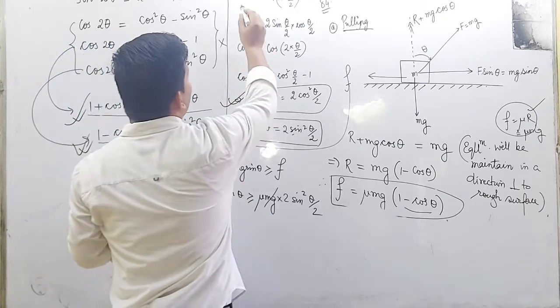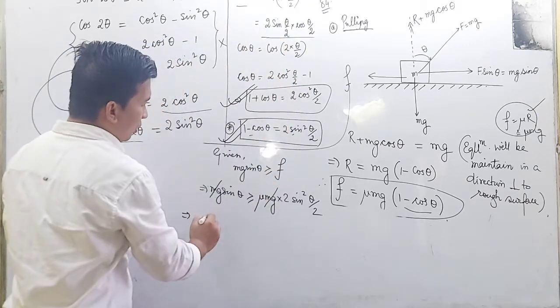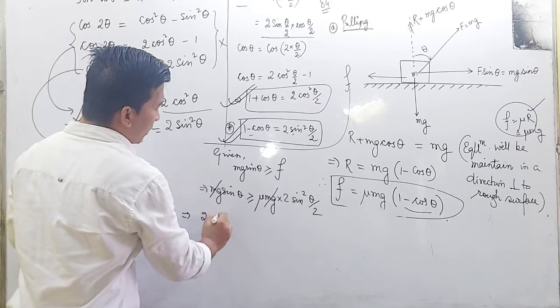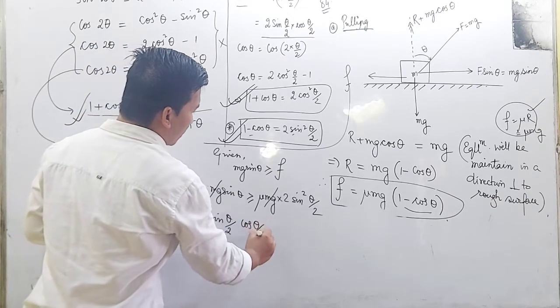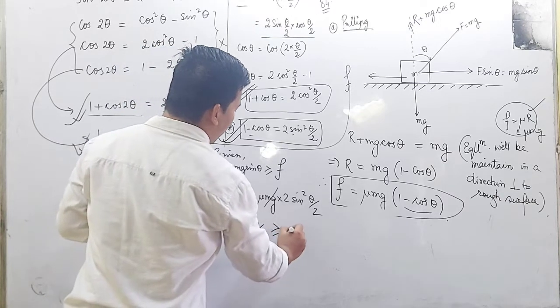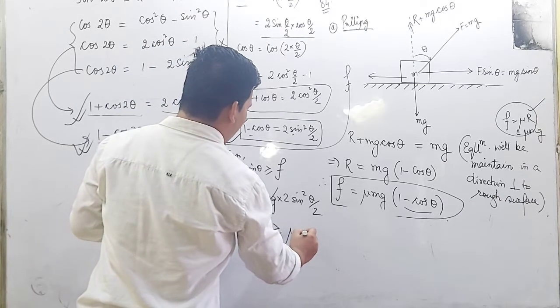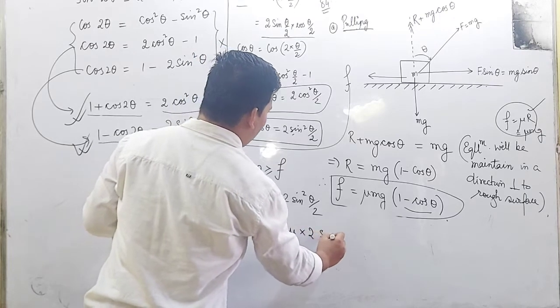Now sin theta can be written as 2 times sin theta by 2 cos of theta by 2. Here, cos of theta by 2 is greater than or equal to mu times 2 of sin square theta by 2.